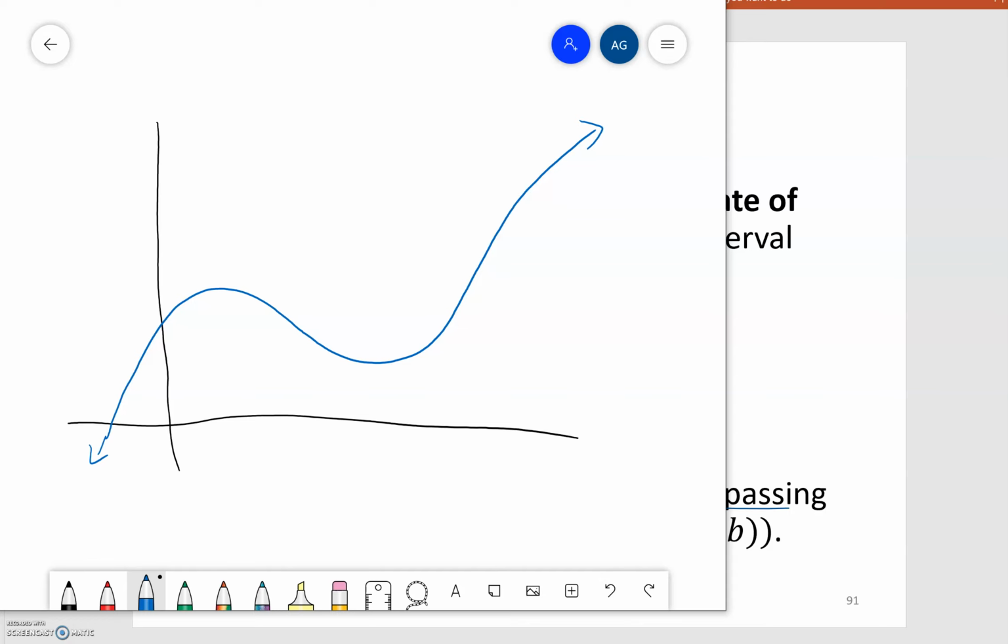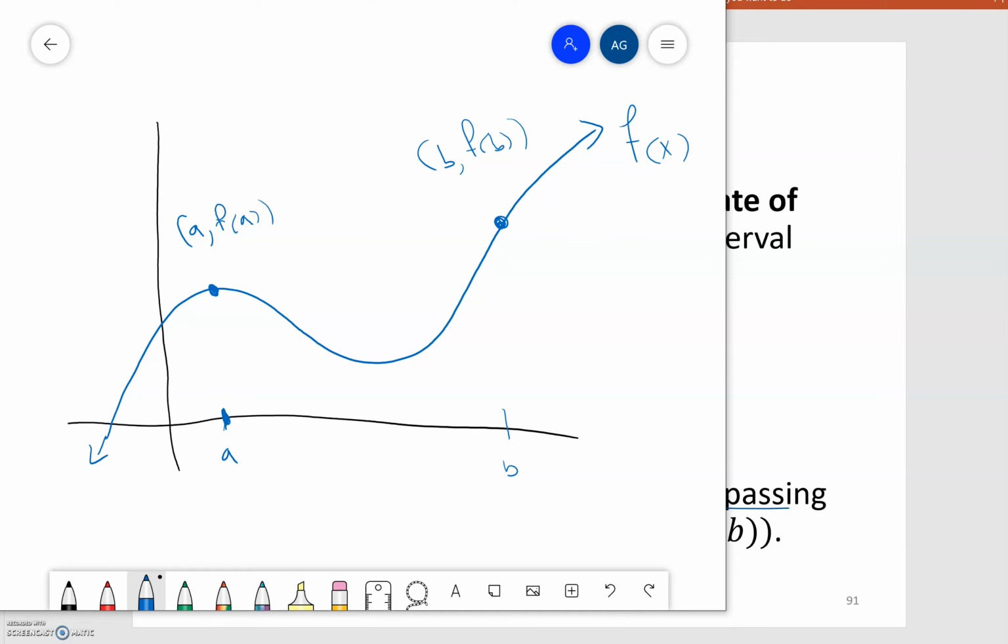So here's some function f. Okay, and let's say that I want to calculate the average rate of change from here, that's going to be a, to, let's say, over here, that'll be b, which is here on the function. And so this point here has coordinates a, comma, f of a. And this point has coordinates b, comma, f of b.